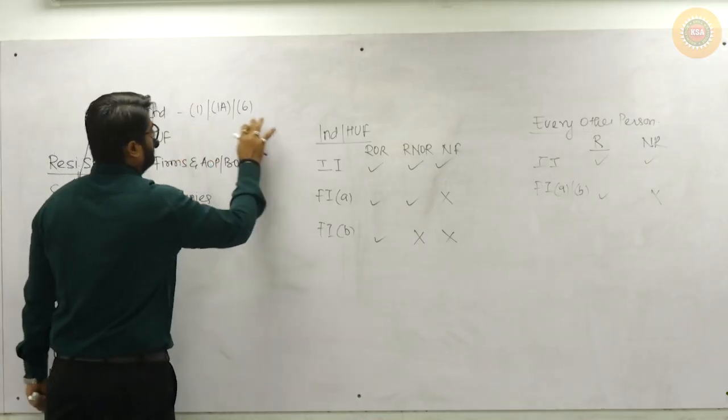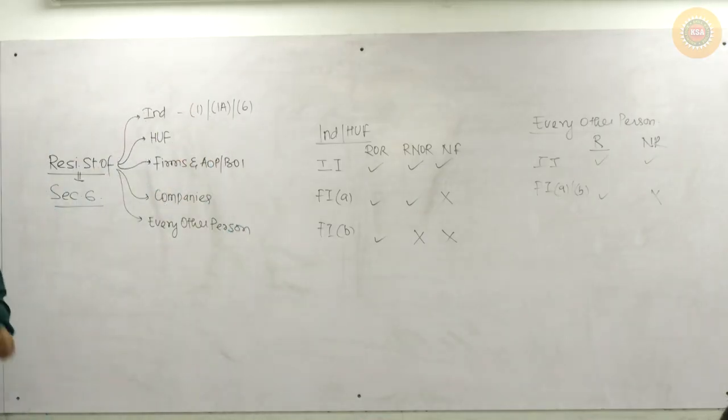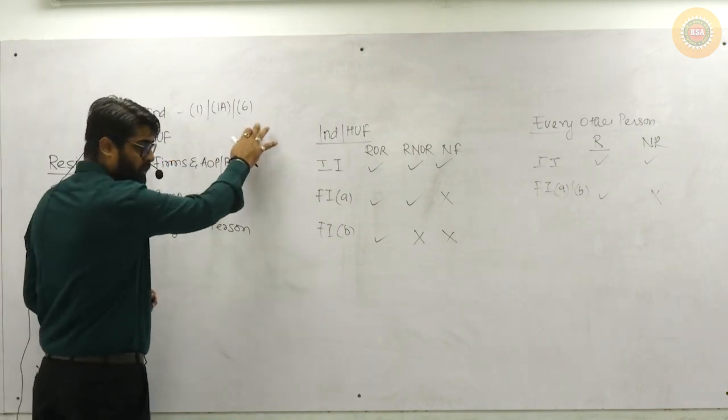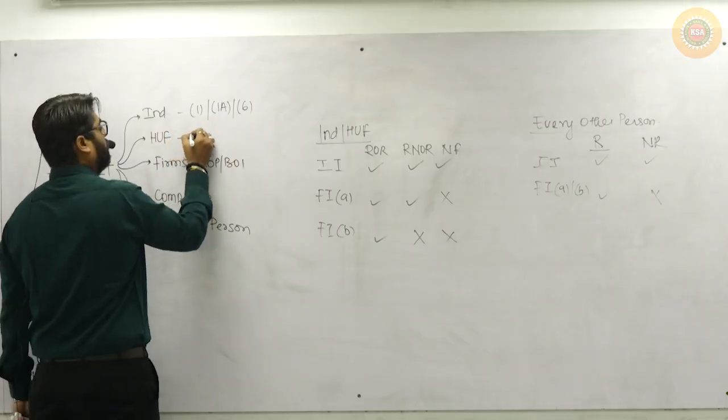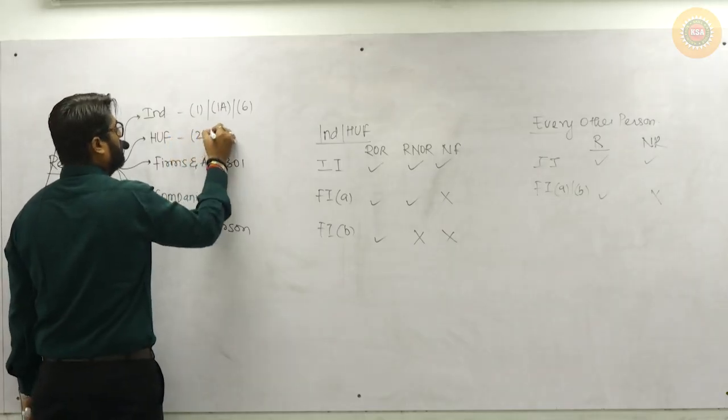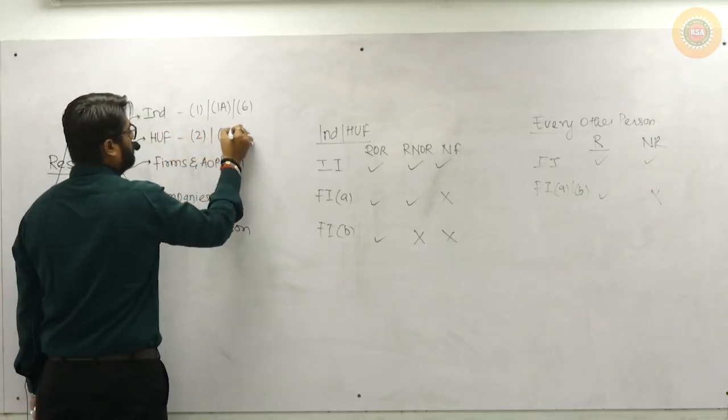So, these three subsections we are supposed to do in order to identify whether an individual is resident or non-resident. And if he is a resident, whether he will be treated as ordinary resident or not ordinary resident. These three subsections we are going to do. Okay. Next one, HUF. We are going to do subsection 2 and subsection 6.